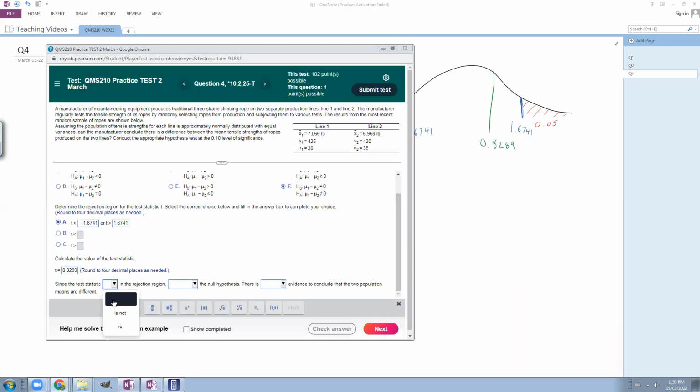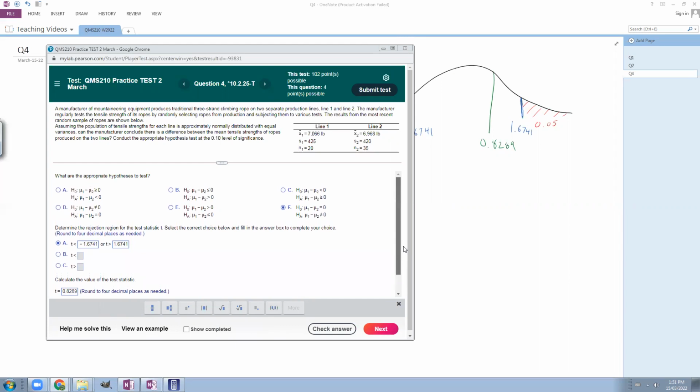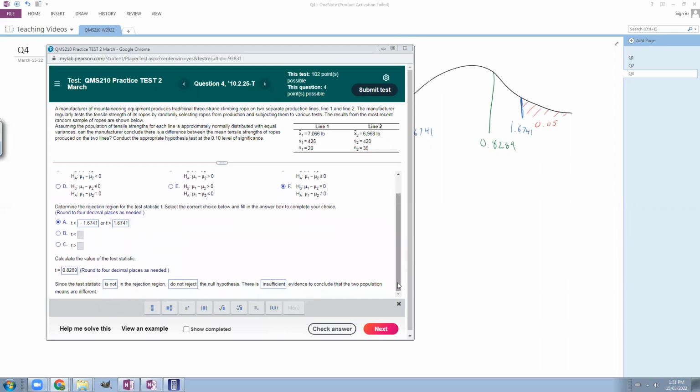The test statistic is not in the rejection region, so we do not reject the null hypothesis. And that means that we don't have enough evidence. It's insufficient evidence to conclude the 2 population means are different. Okay, and that's how we do question 4.